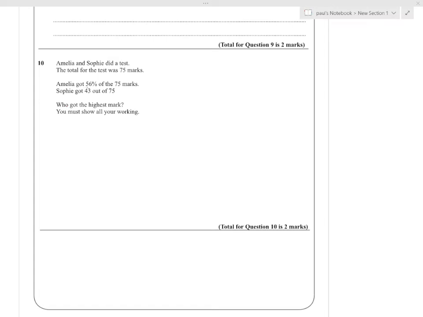Well, what we do is we change Sophie's to be a percentage. So we would do 43 out of 75, and we'll times that by 100. And once we get that as a percentage, we can compare it with Amelia's score.